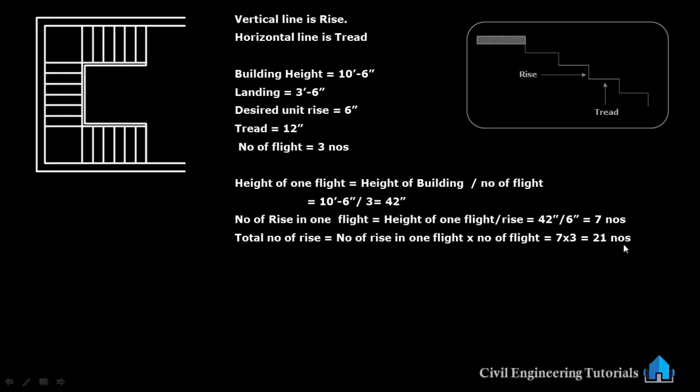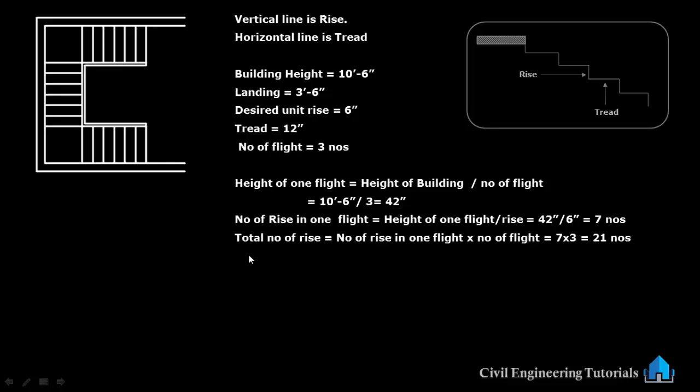So 7 in one flight, and in 3 flights it will be 21 numbers. We will also calculate the total number of rise in another method.